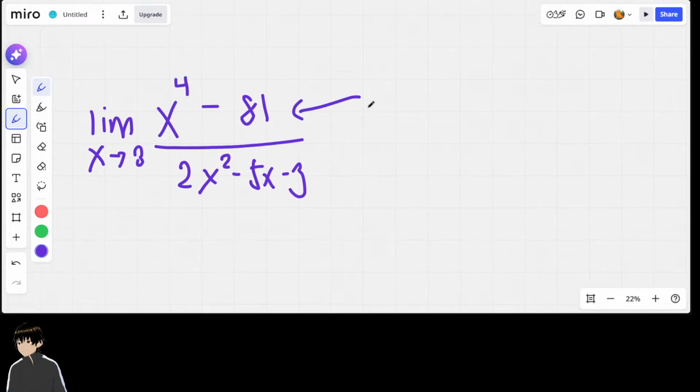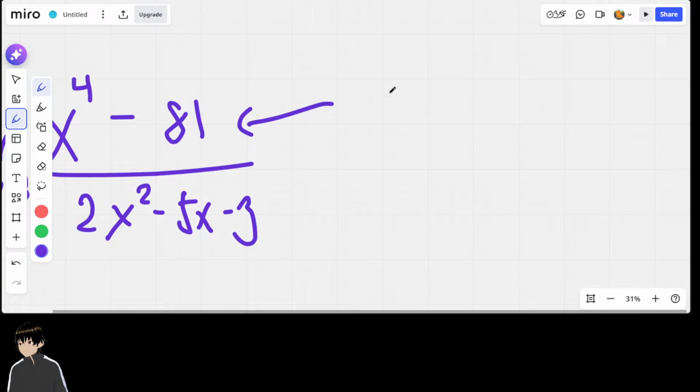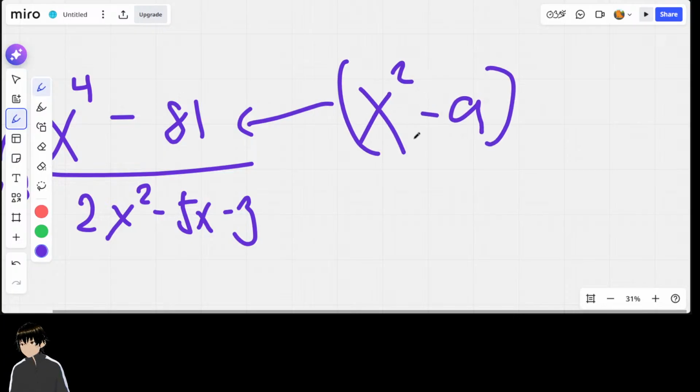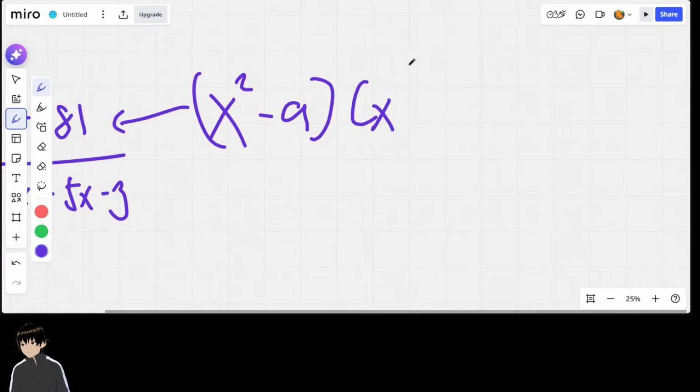Since this is a difference of squares, we can expand it to x squared minus 9 and x squared plus 9. And then we can expand this some more.